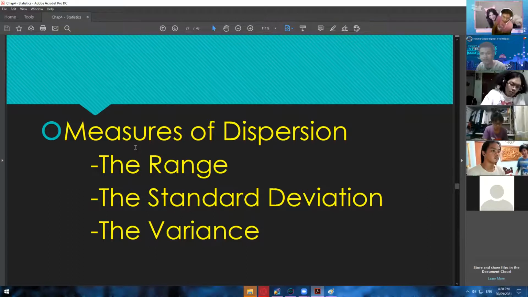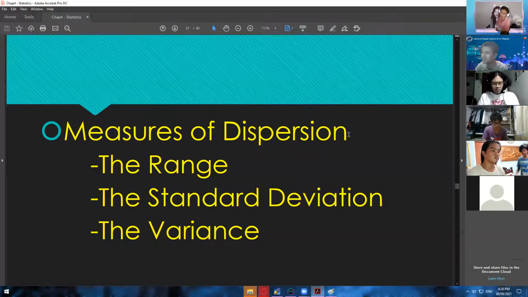And then measures of dispersion is also the same as average. However, this one is like solving for the error, or the deviation itself. So this is the main definition of dispersion.